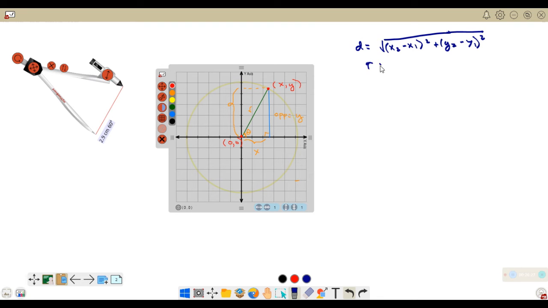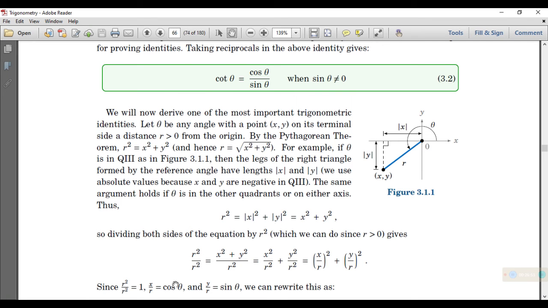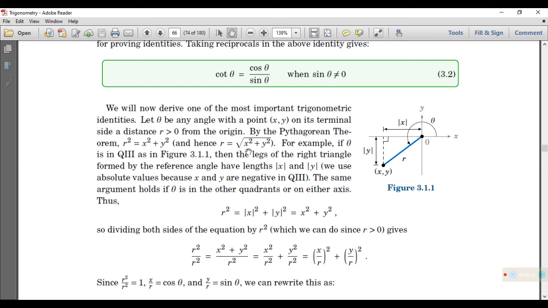Ngayon, kung kukunin natin yung distance na r from these 2 points, you will be left with x minus 0, tapos i-square mo siya, plus y minus 0, tapos i-square mo siya. So, r is equal to the square root of x squared plus y squared. Ayun, ito na siya. So, r is equal to the square root of x squared plus y squared.